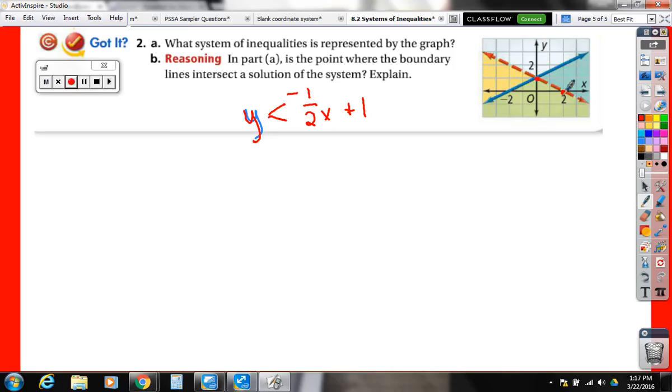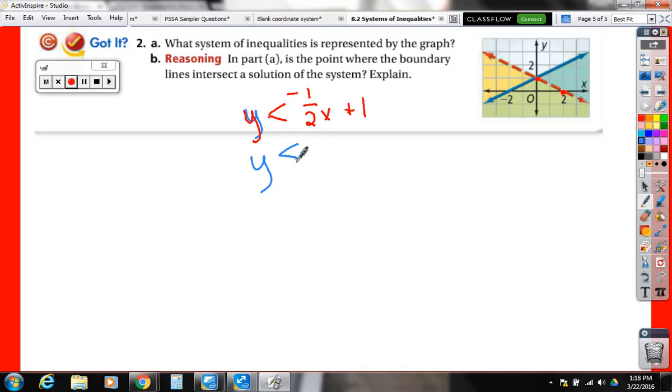Okay, now for the blue line, let's see. All right, go ahead, Jackie. Okay, I have y is less than -1/2 plus 1. Wait, that's the red line. You just gave me the red line equation again. You need the blue line equation, the other equation.